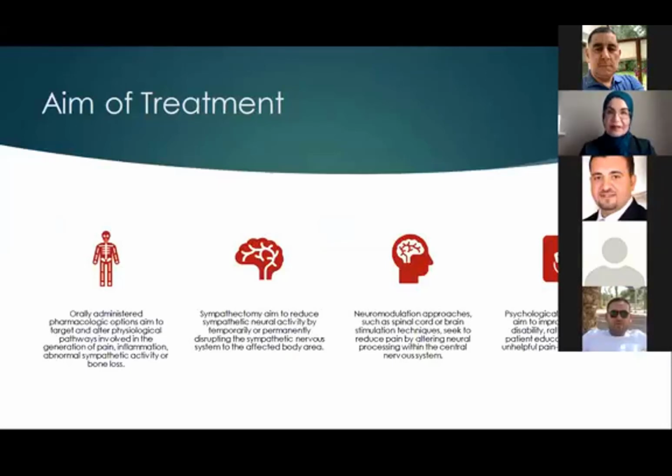Sympathectomy, because the sympathetic nervous system has a very big role in CRPS pathophysiology, is aimed to reduce the sympathetic neural activity by temporarily or permanently disrupting the sympathetic nervous system. Neuromodulation approaches, such as spinal cord or brain stimulation techniques, deep brain stimulation techniques. Again, I never saw it.